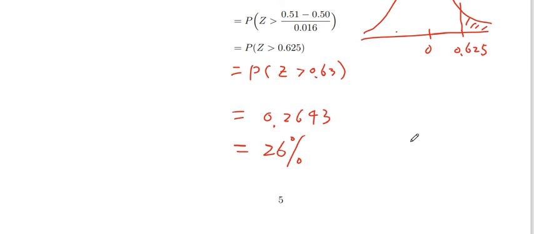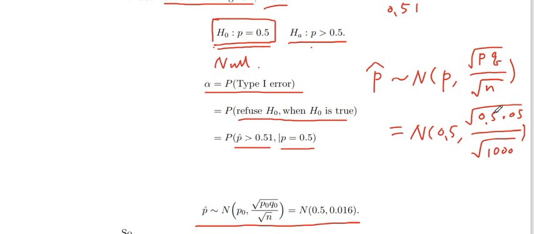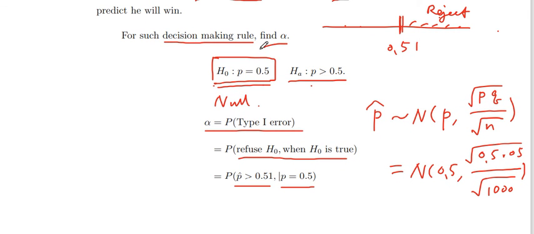If you apply our decision-making rule, you may have a 26% chance to make a mistake. So this means this decision-making rule is not so good, right? So we need to change it.